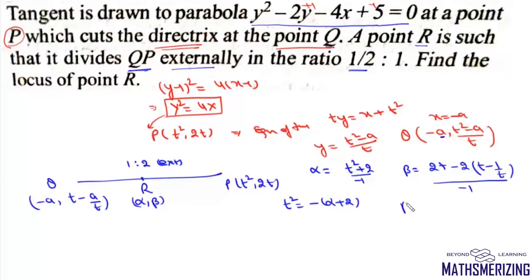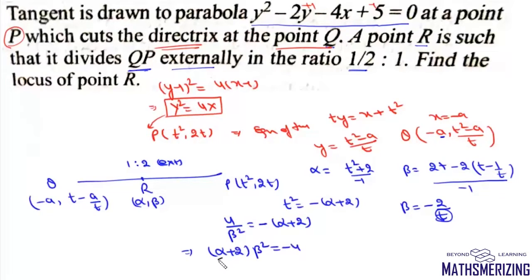So I'll get beta equals minus 2 upon t. So we'll eliminate t, we'll get 4 upon beta square equals minus alpha plus 2. So we can write this equation as (alpha plus 2) into beta square equals minus 4.